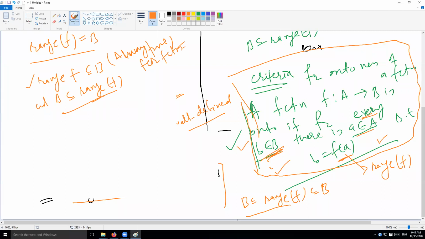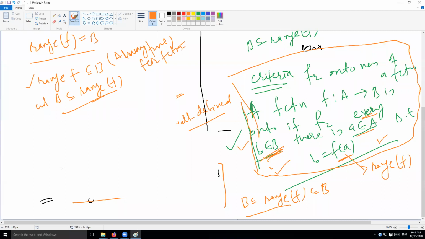You have proved that every B belongs to the range of f.